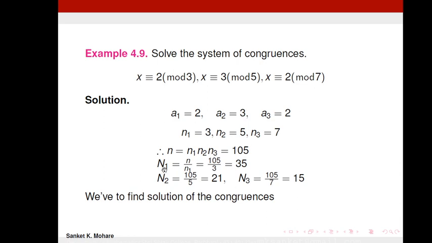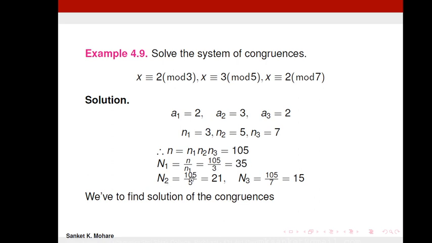So similarly here N1 is equal to n by n1. In this product n1 is omitted, so N1 is equal to n2 multiplied by n3, that is 5 into 7, 35, or rather 105 by 3, that is equal to 35.